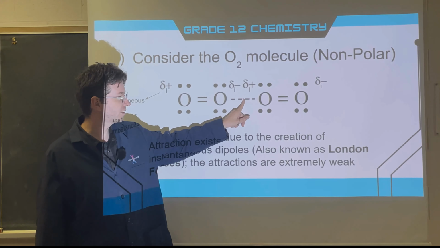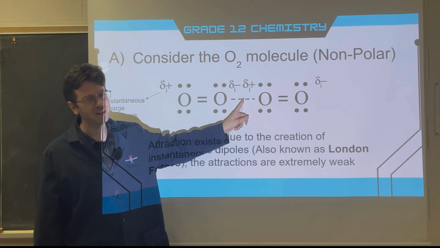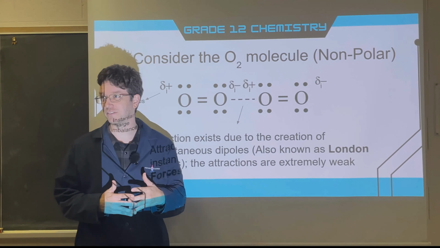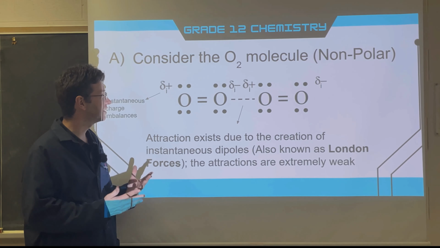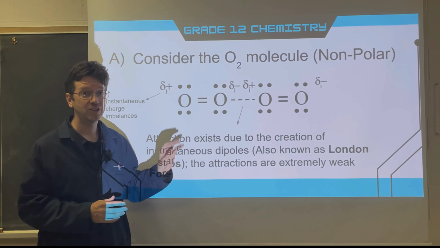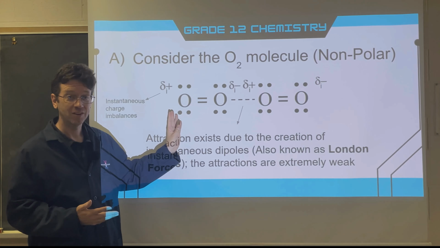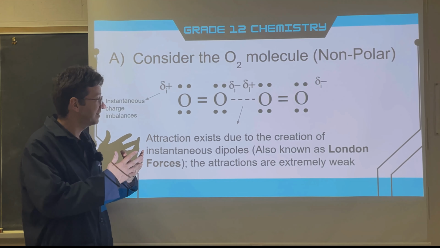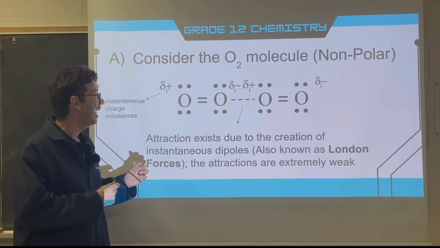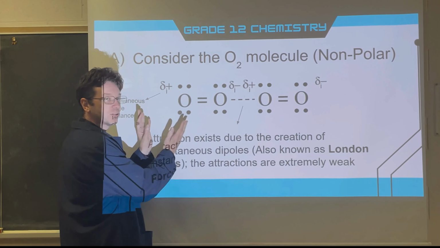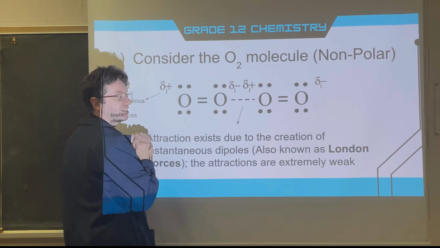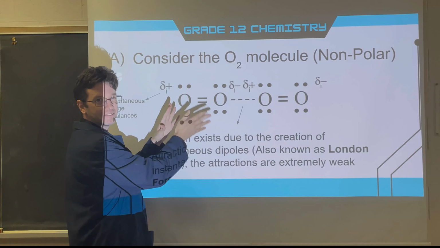What is this force? This is a very, very weak force because a London dispersion force is a sort of random instantaneous dipole that occurs within the electron cloud around your oxygen molecule, right? The electron cloud isn't exactly static. Your electron waves are moving, and you can get a random distribution where at any instantaneous moment you have one side of the molecule being slightly more negative than the other side.